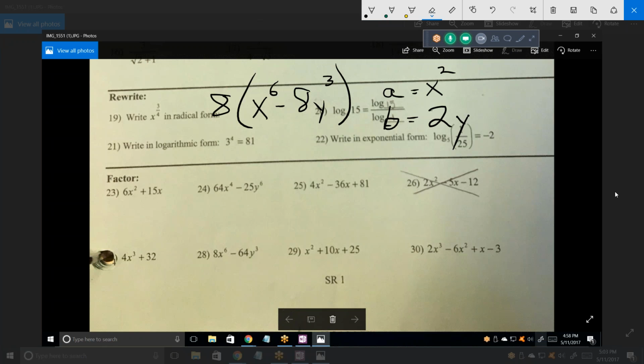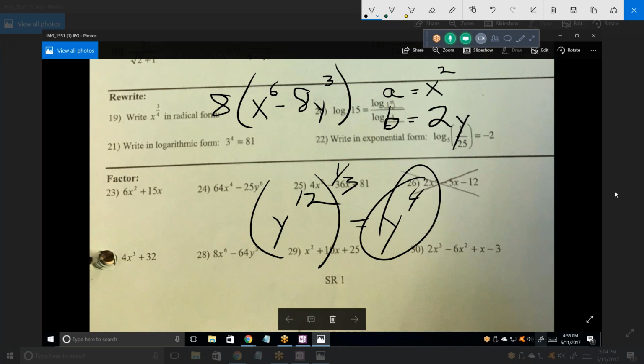To take the cube root of any exponent, let's say I had y to the 12th and I wanted to take the cube root of it, that's dividing 12 by 3. In other words, I'm going to multiply 1/3 times 12, so I get y to the 4th.